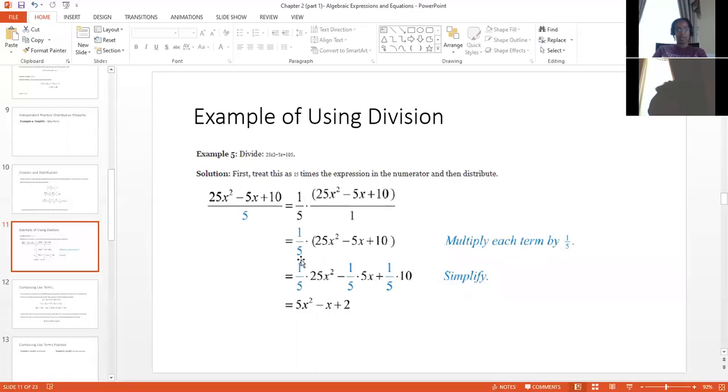Now, all we're left to do is distribute 1 over 5 times 25x squared, 1 over 5 times negative 5x, and 1 over 5 times 10. So then we just multiply the coefficients here, 5x squared. Then here we have negative x, and here we have 2. So by rewriting the algebraic expression, taking out the 1/5, you're able to simplify it and distribute.